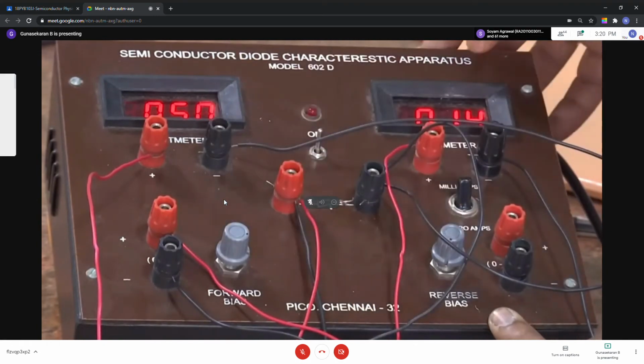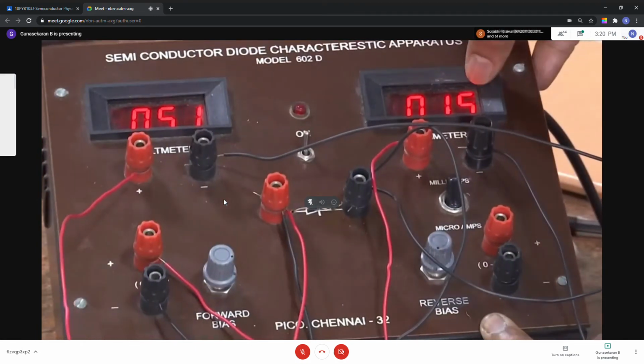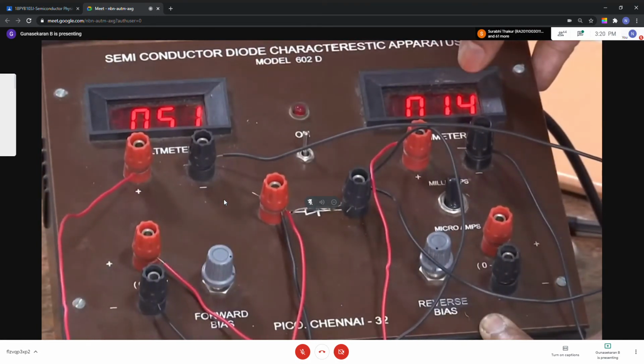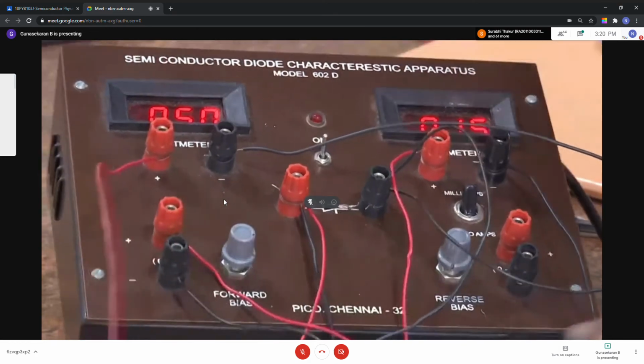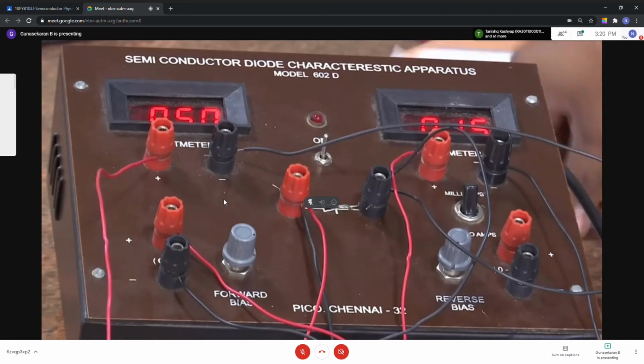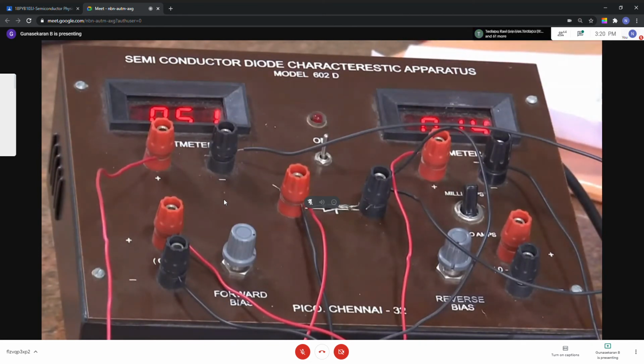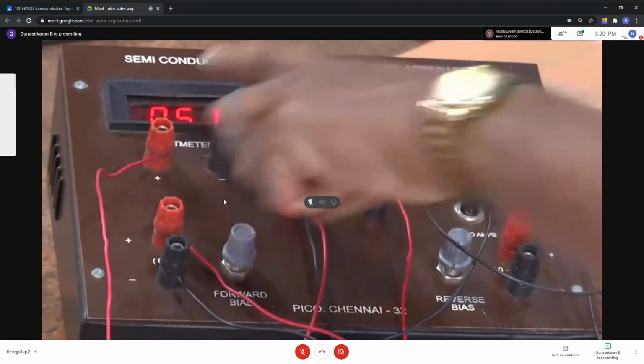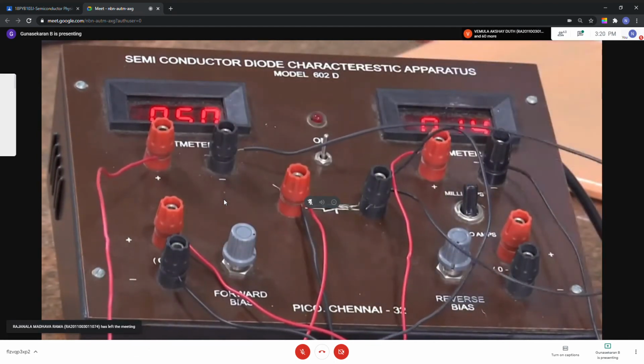At 0.5, how much current flows in the circuit? The forward voltage is 0.5 and the forward current is 1.5.